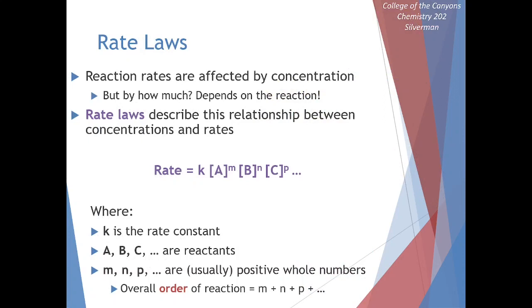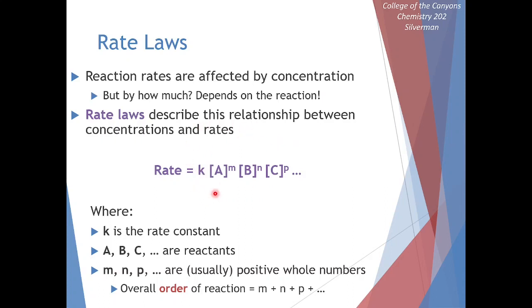Rate laws tell us how our reaction rates are affected by the concentrations of our reactants and occasionally our products. If you have a balanced chemical equation, we can write the rate law for that equation according to this form. The rate is equal to some constant K times the concentration of each chemical species involved raised to some exponent.